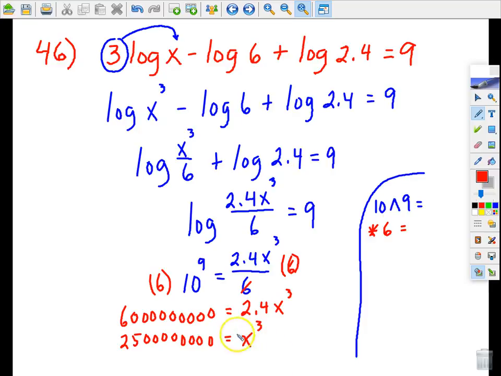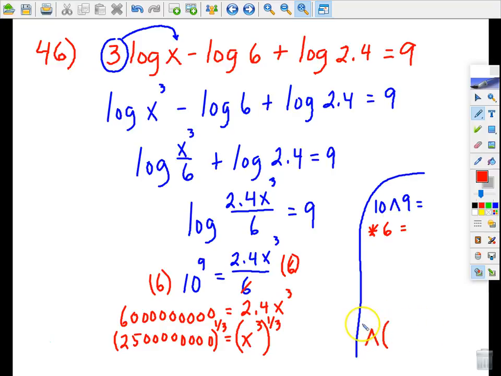And now I need to do basically the cube root of both sides, or in other words, another way of doing the cube root is just to raise a number to the 1/3 power. So once again, just leave that big number sitting there in your calculator. With that number in your calculator, you're going to hit the raise to button.